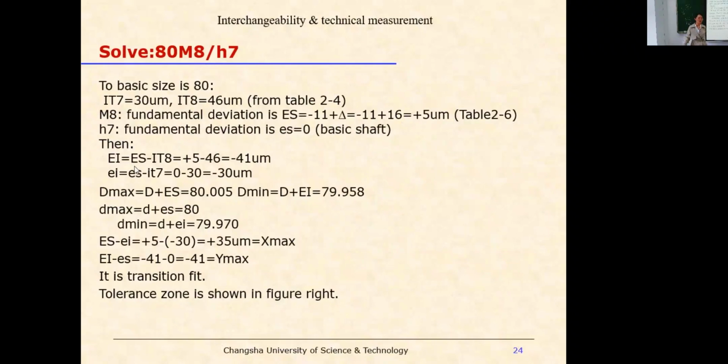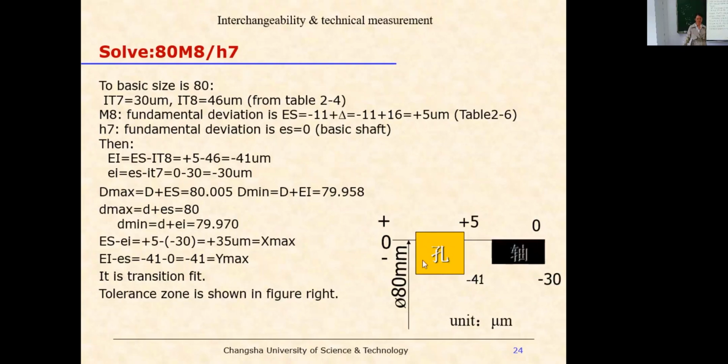Then you calculate ES minus IT8. When you figure the tolerance zone, it's very easy, right? Then you can calculate this one. This is the shaft, this is the hole. When you figure the hole's tolerance zone, you calculate the Dmax for the hole and the Dmax for the shaft.